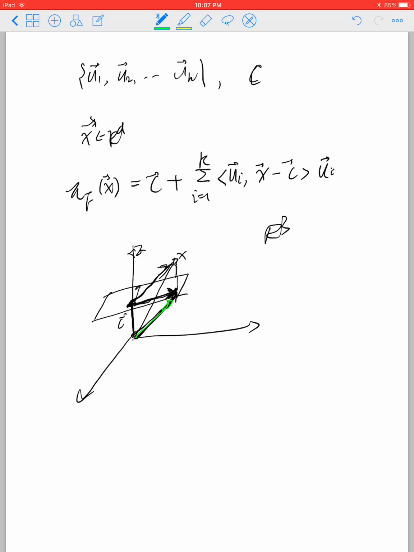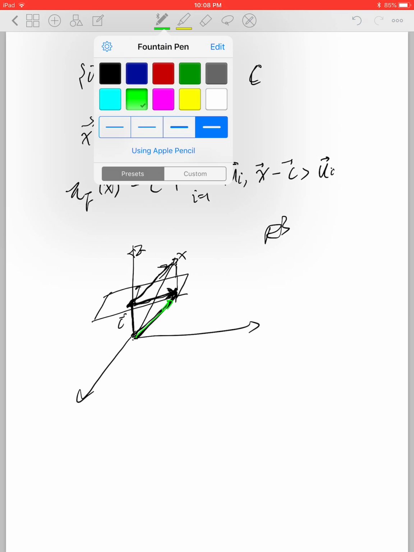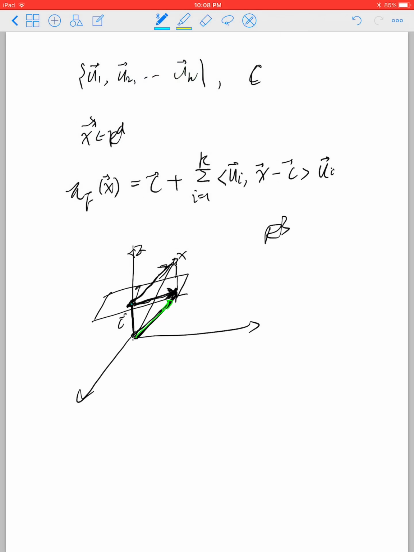You calculate the projected vector of this vector difference, that is between x and c, onto the first basis, which is the x-axis, and the second basis, which is the y-axis. You add them together, you get this intermediate vector.